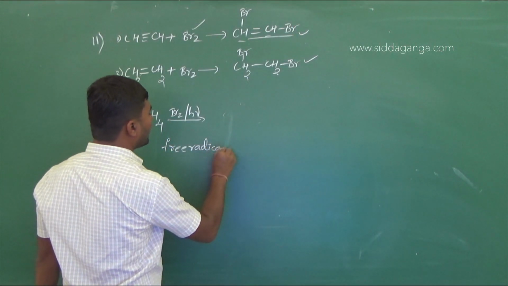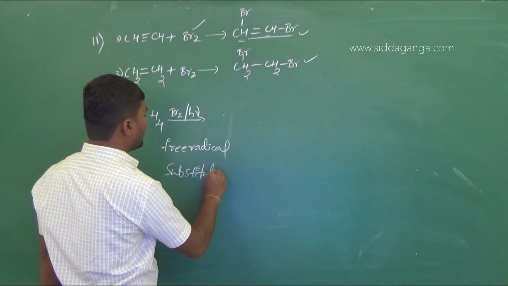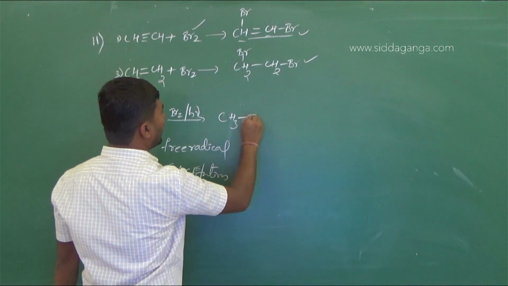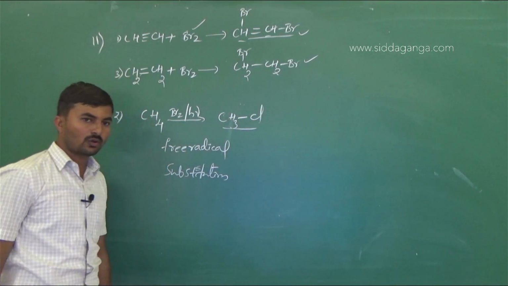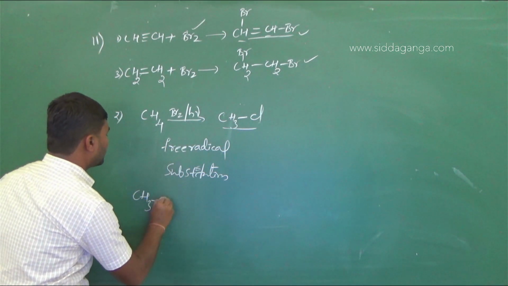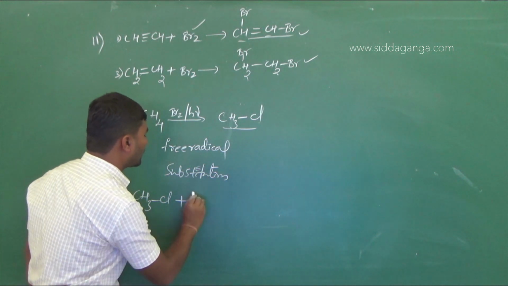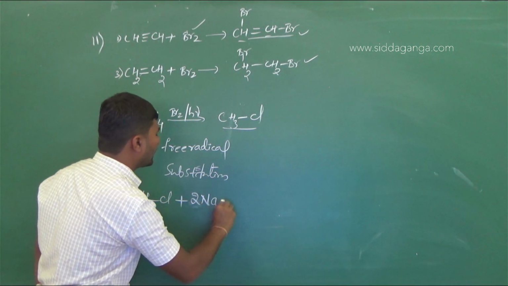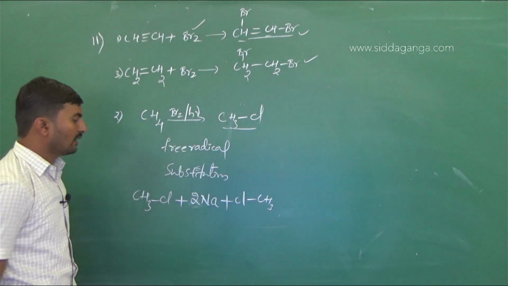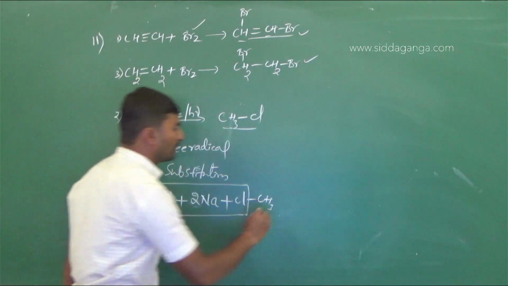It can undergo free radical substitution to form methyl bromide, and this methyl halide, CH3Br, undergoes Wurtz reaction. The Wurtz reaction takes place only in presence of sodium metal, with the loss of two halogen atoms.